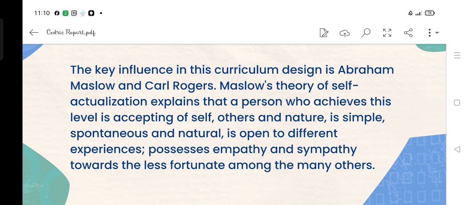It stresses the whole person and the integration of thinking, feeling, and doing as well. It considers the cognitive, affective, and psychomotor domains to be interconnected and must be addressed in the curriculum. It stresses the development of positive self-concept and interpersonal skills.